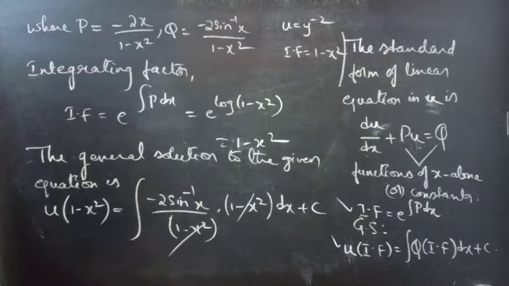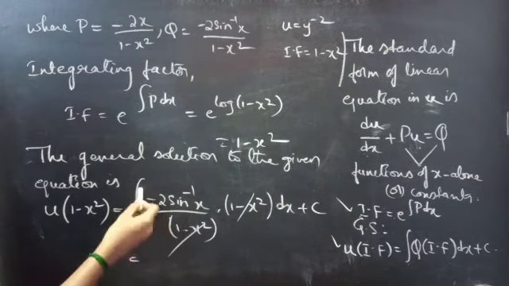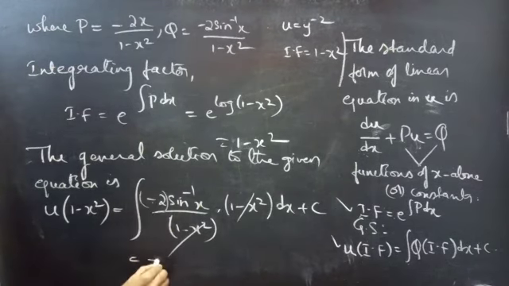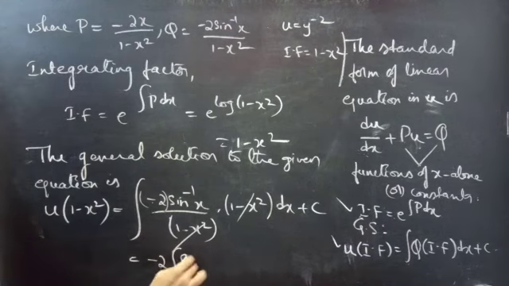Here 1 minus x square gets cancelled. Now take the constant minus 2 outside the integral, then you'll get minus 2 integral sine inverse x dx plus c.